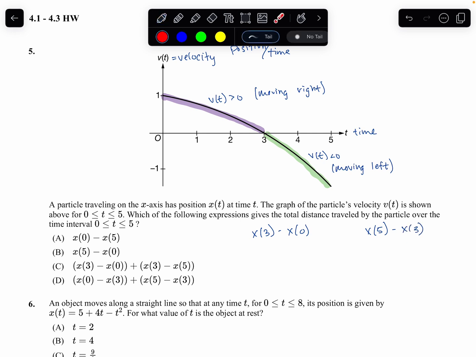So this would give me the position at 5. This would give me the position at 3. If I subtract them, I'm going to find the distance traveled left, and this gives me the total distance traveled here. And then I would add them together to get my total distance. So that would have to be c right here. Yep.